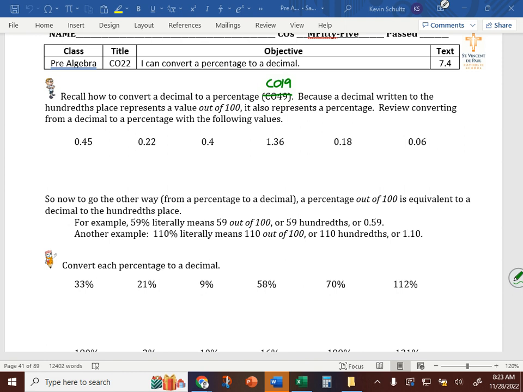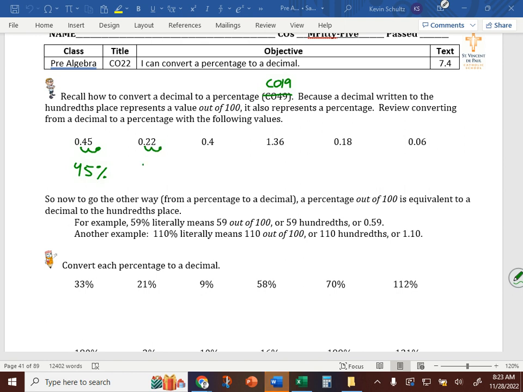0.45 as a percentage is what? 45%. What do we do? We move that decimal to the right 2 spots. Huh? 45%. 0.22 as a percentage. Adrian? 22%.